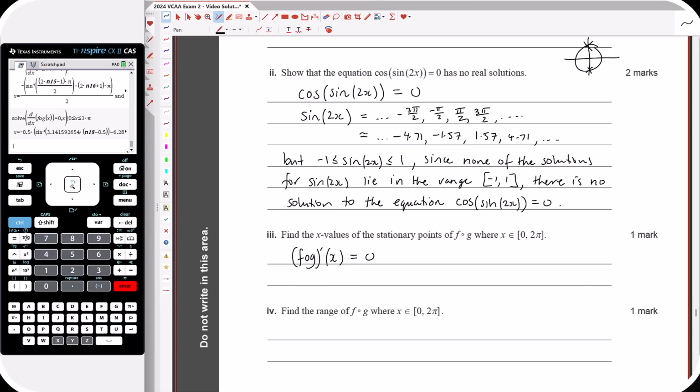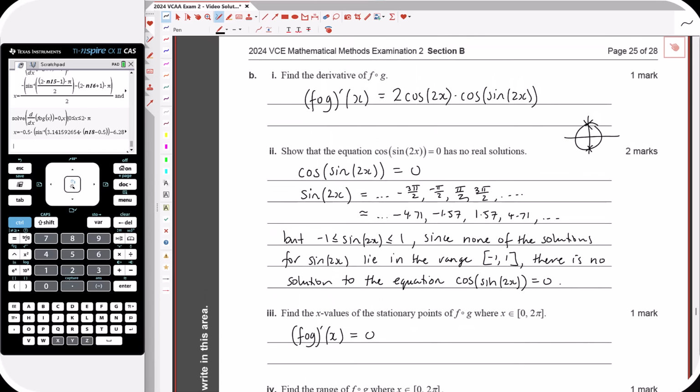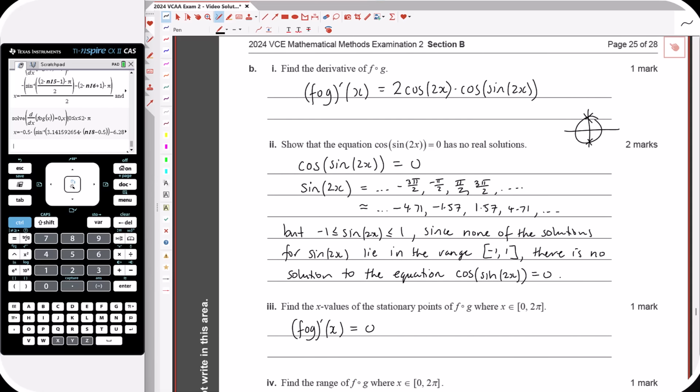So this is where actually what it asked you to do in part 2 was about helping you. So if f of g of x equals 0, then that means that, I'm looking up here, this equation has to equal 0. Now we've already established that this bit in part 2 cannot equal 0.